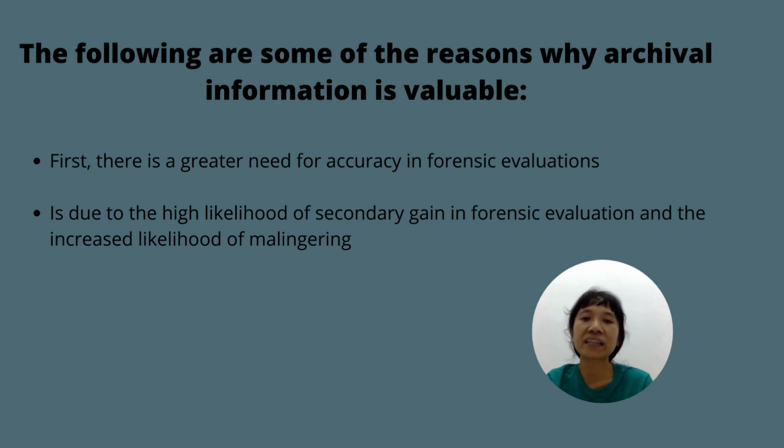It is important that a forensic psychologist be prepared for these circumstances and seek out archival and third-party information, as well as be aware of different approaches to detect malingering through formal assessment.